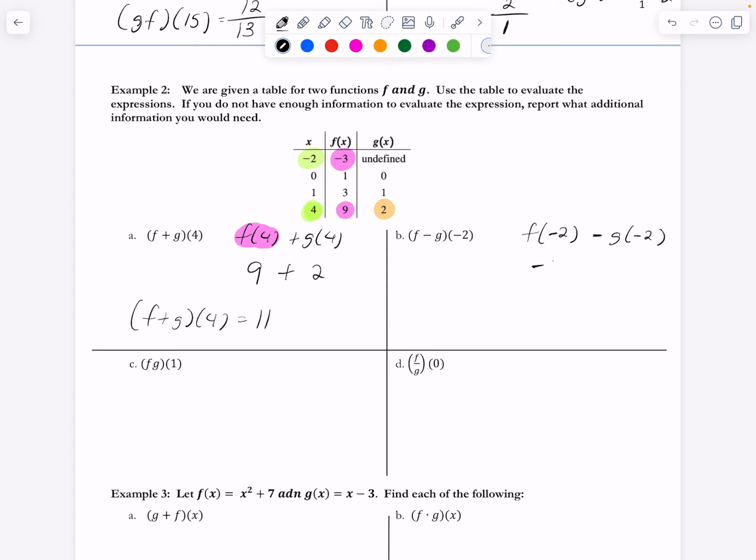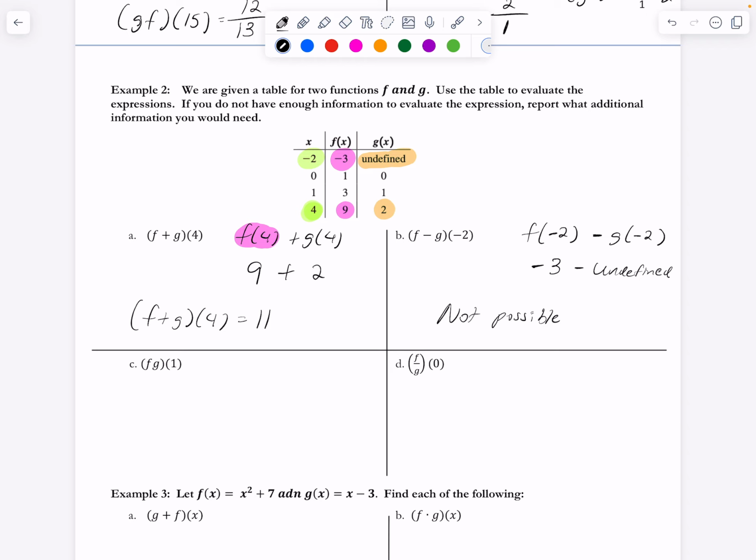So this is negative 3. When I plug it into the g of x function, I get undefined. So that would be minus undefined. Now you cannot figure out what that is, right? It's not defined at that function. So this is what we would say is not possible. There's no value when I take the f of x function, subtract the g of x function, evaluate it at negative 2. I'm unable to get a value.